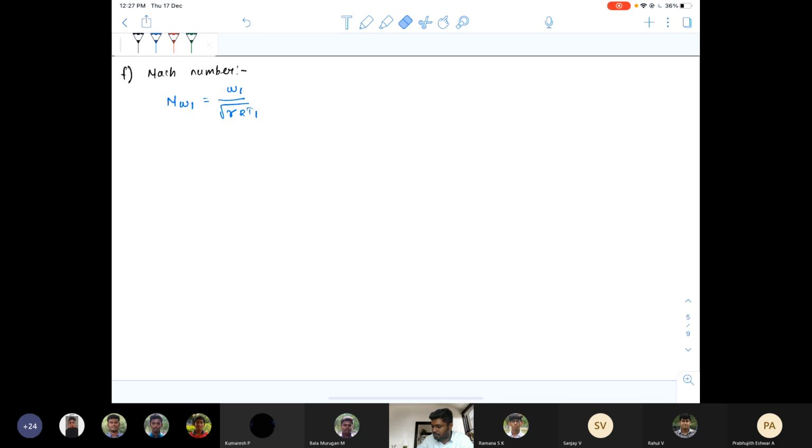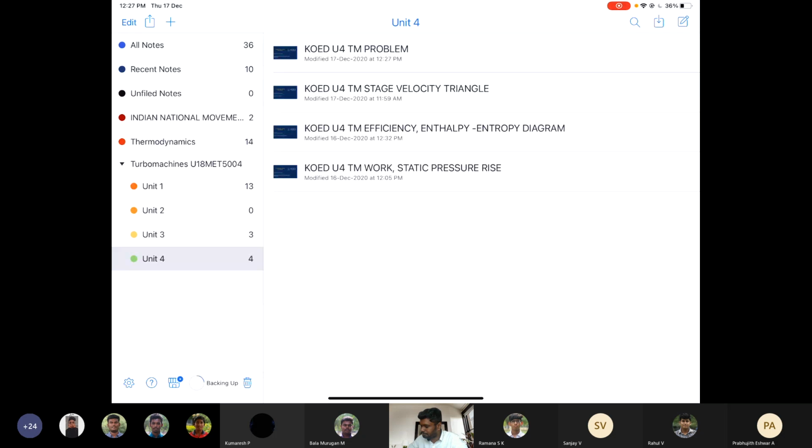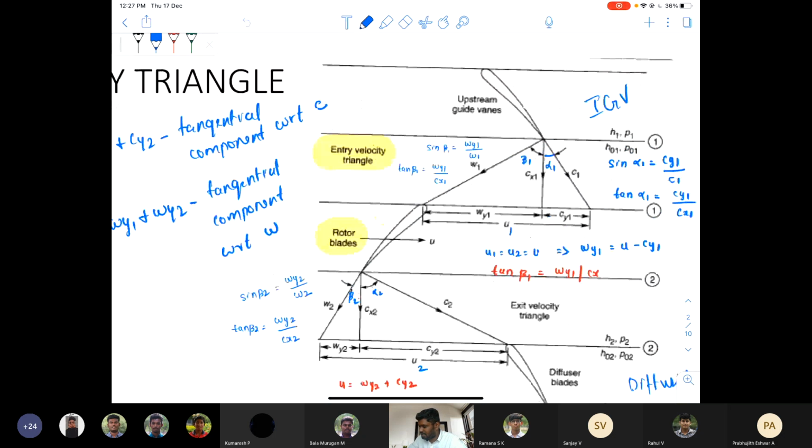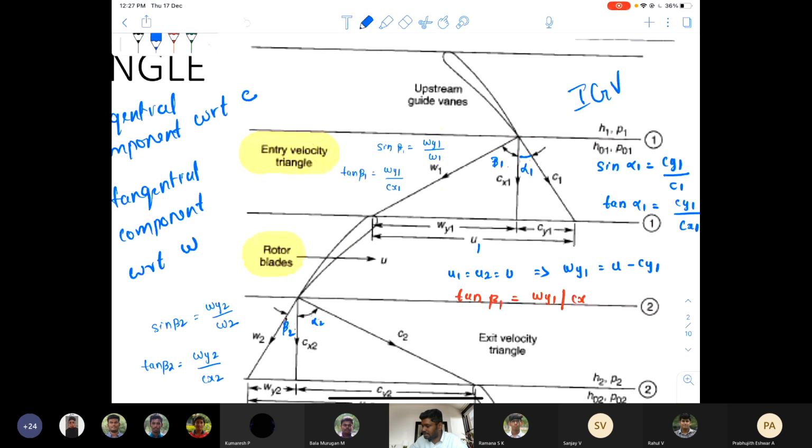The value of W1 we should find. From the stage velocity triangle, if you take cos beta 1, this cos beta 1 will be equal to the adjacent side by the hypotenuse. Cos theta is equal to adjacent side by hypotenuse. Therefore, the adjacent side is Cx1 and the hypotenuse is W1.